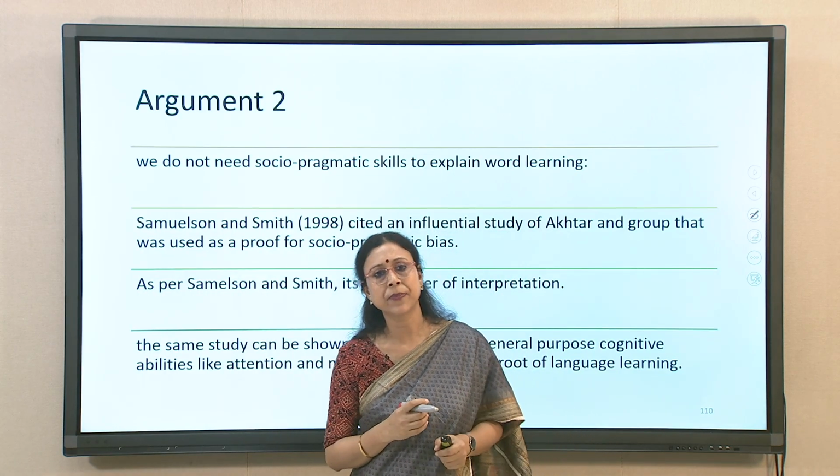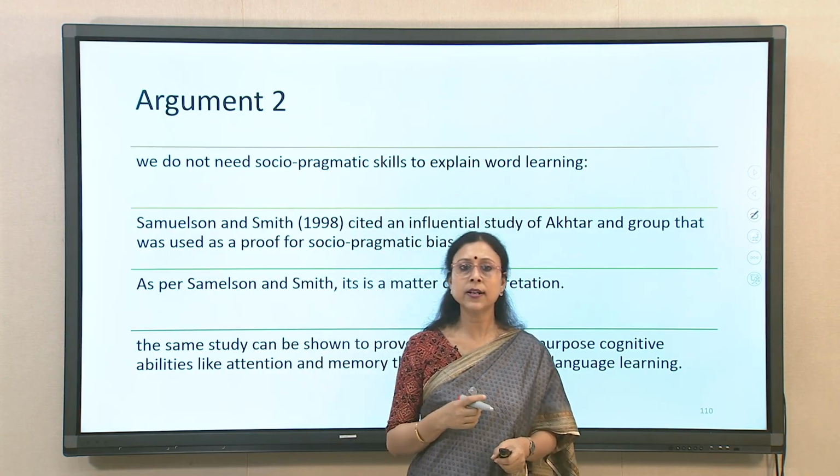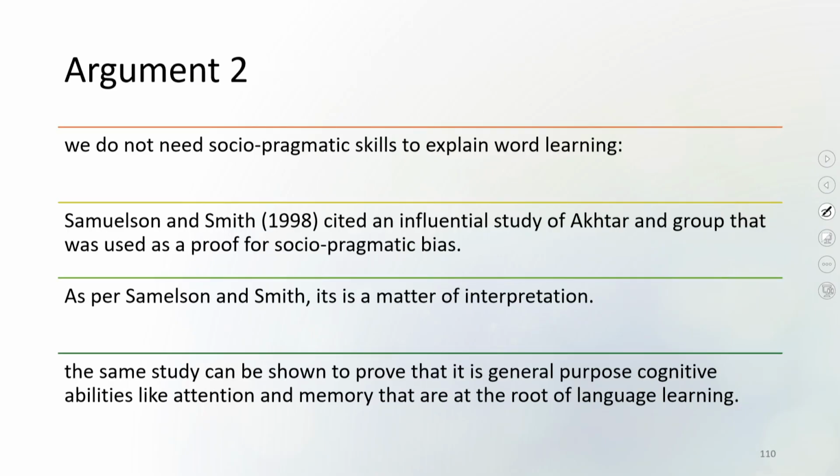That was argument 1. Argument 2 is we do not need sociopragmatic skills to explain word learning at all. For example, Samuelson and Smith cited an influential study by Akhtar and group that was used as proof for sociopragmatic bias. We will look at this interesting study shortly. It was used as proof for sociopragmatic learning, sociopragmatic scaffolding.